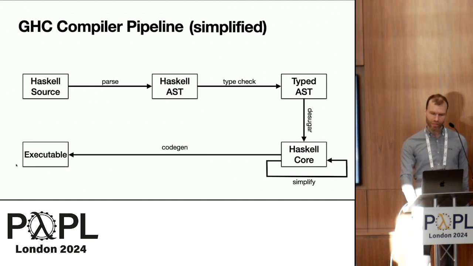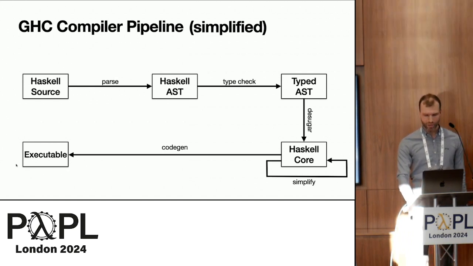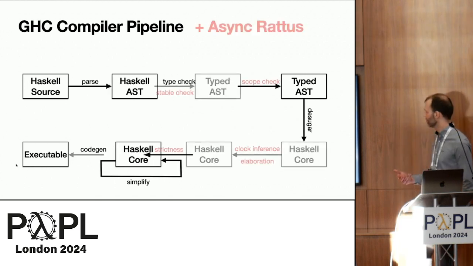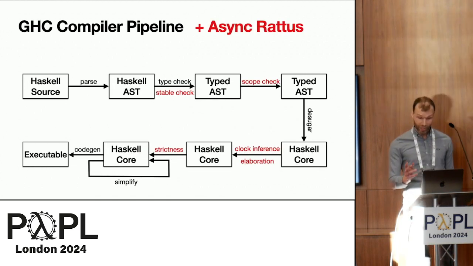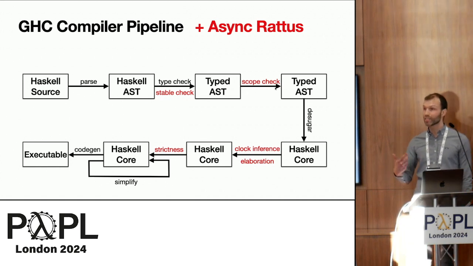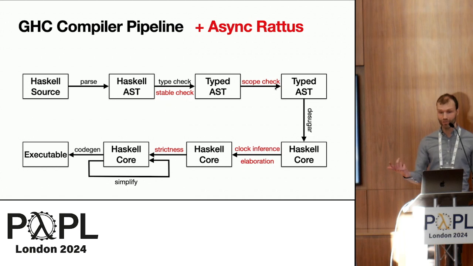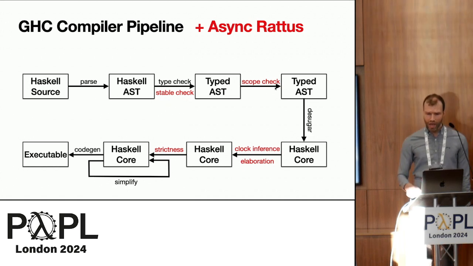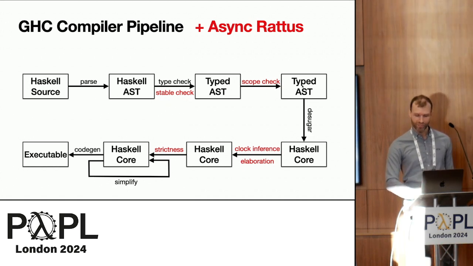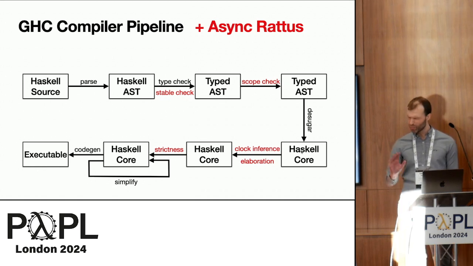And so what our compiler plugin does is add some additional phases here. In particular, we have this additional type check, where we check the stronger typing rules of Async Rattus. Then once the AST is desugared to Haskell core, it's a much simpler language.